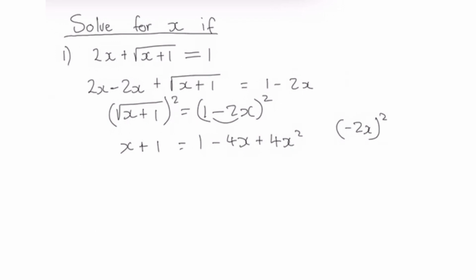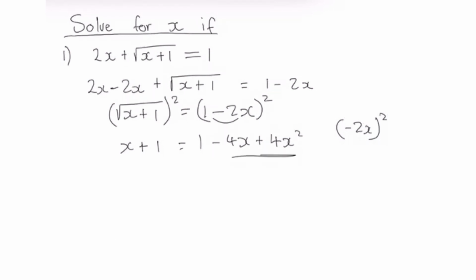At this step, you can just take these terms to the other side and leave a 0 here, or just say we subtract x plus 1 from both sides.